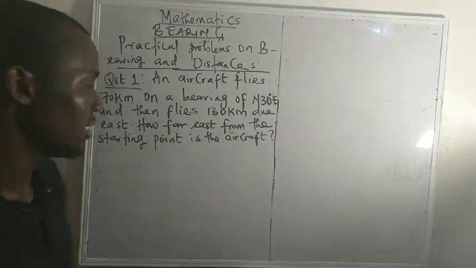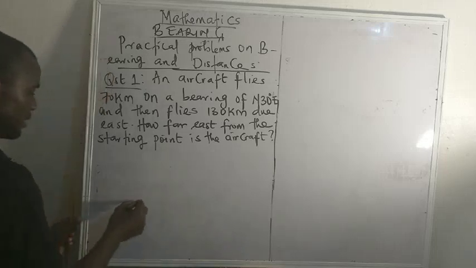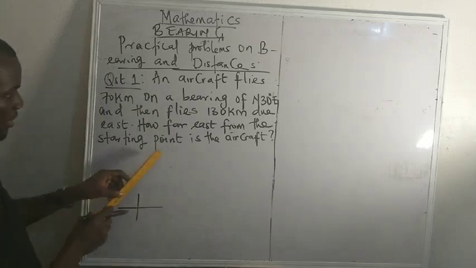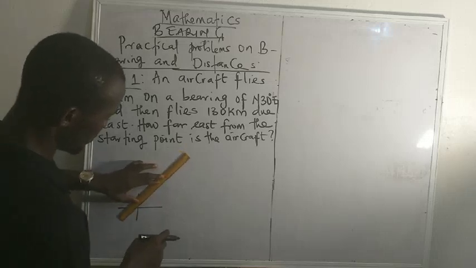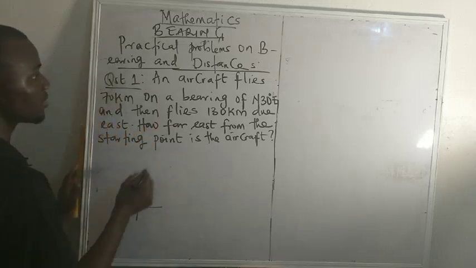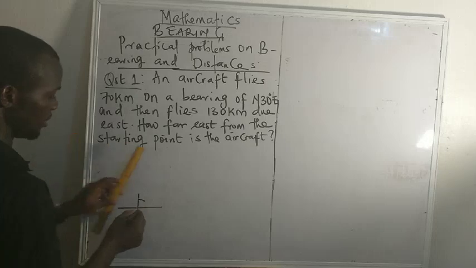We start with that and say, okay, I say this is the starting point. So I can draw this. I can estimate 30-degree northeast to somewhere here and then draw.